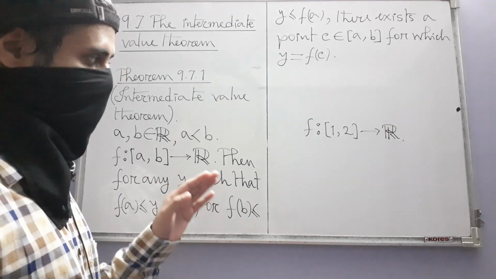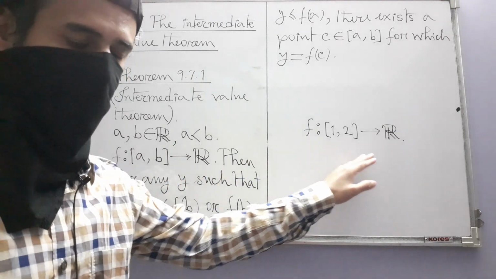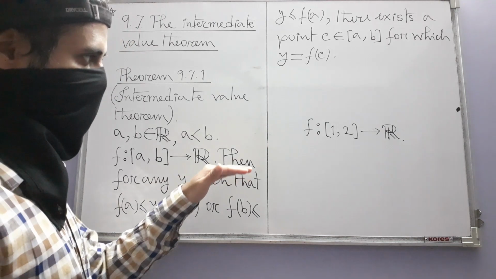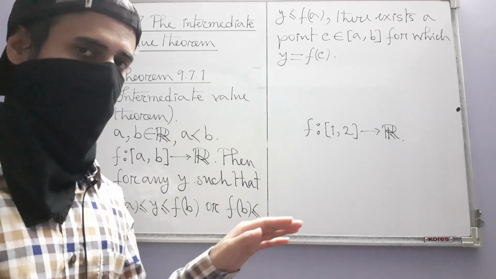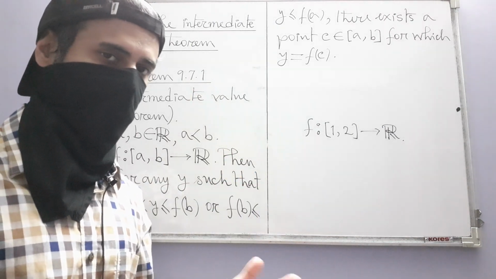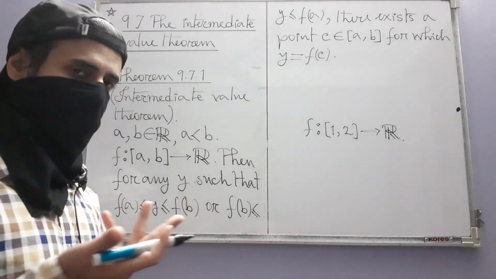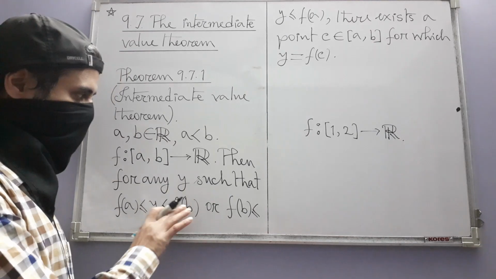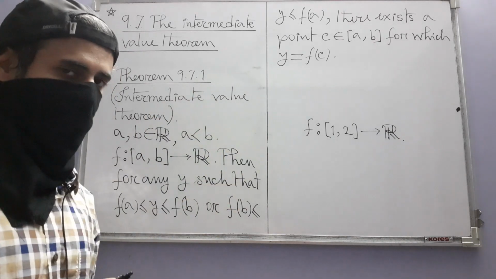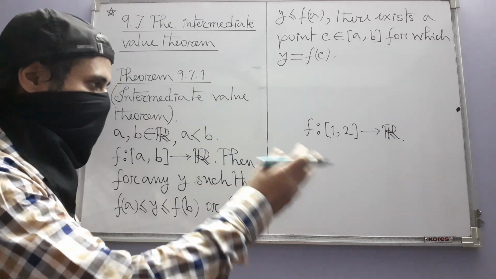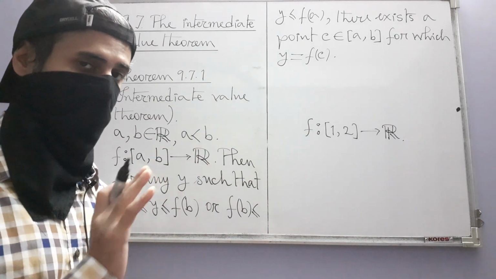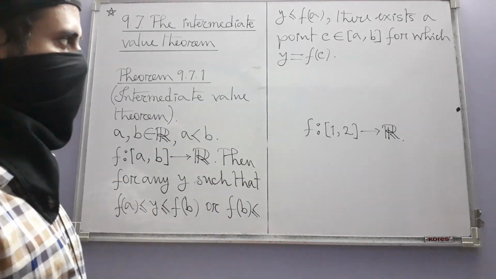This is not exactly what we said just now, that f assumes all the real numbers that lie between the minimum value and the maximum value, because f(a) and f(b) may not be the minimum or maximum, but this is what we have in this theorem, and a corollary to this theorem will be that which involves maximum and minimum.